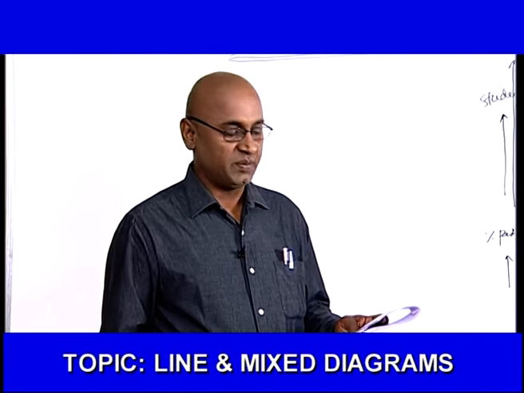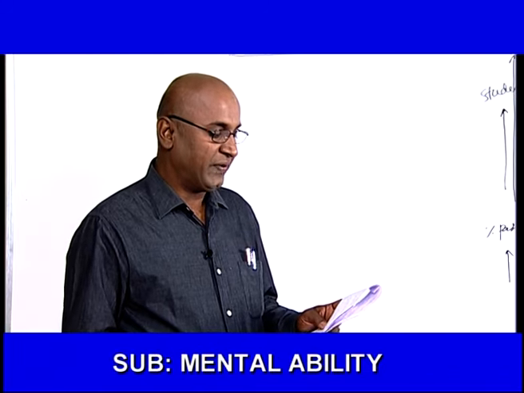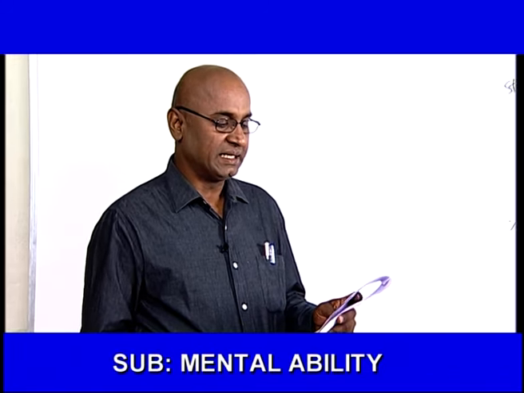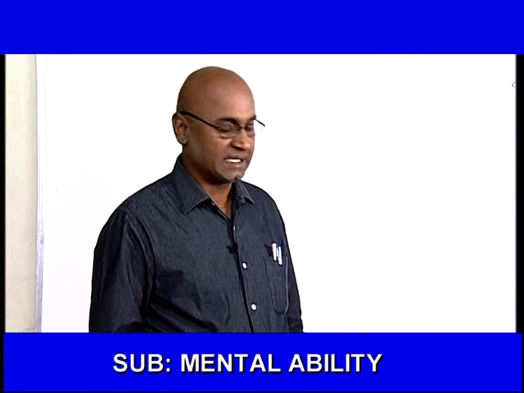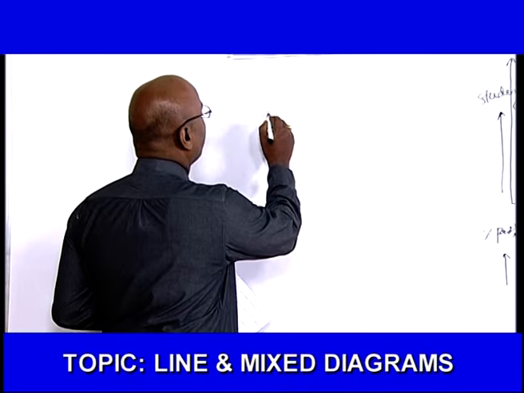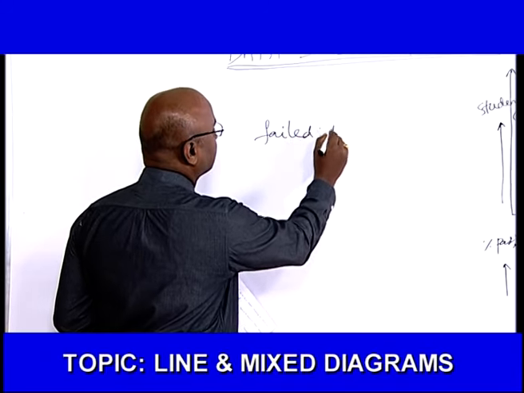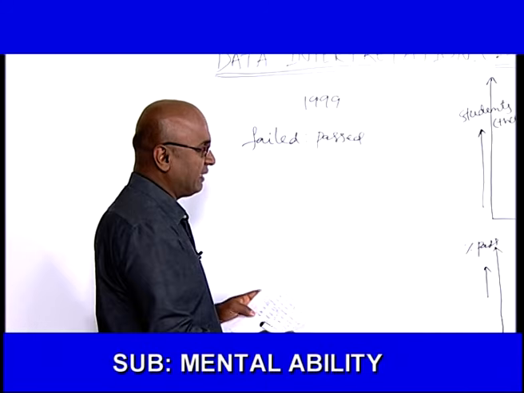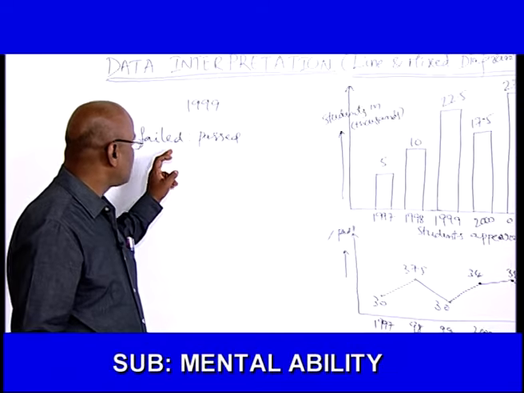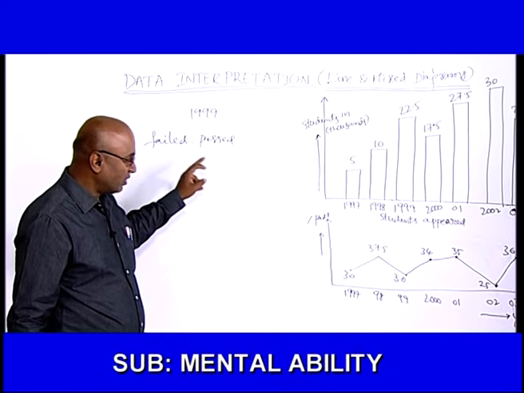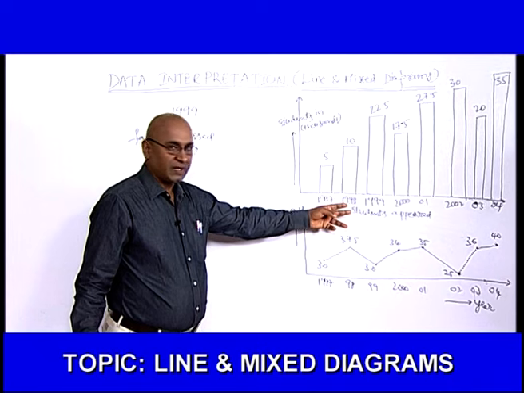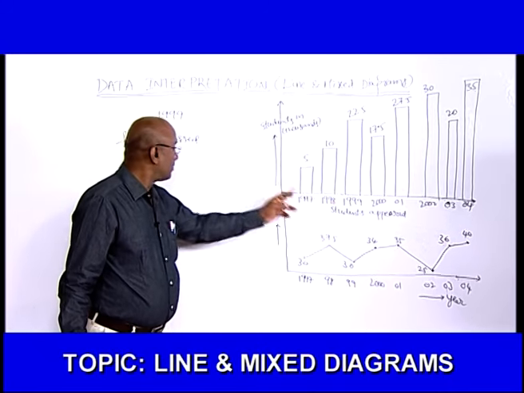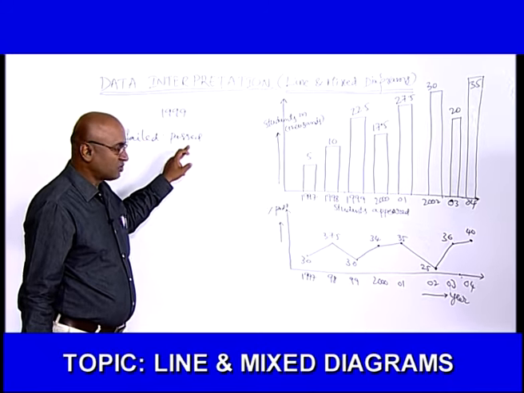Next question in this problem is: the ratio of failed and passed students in 1999 is? The ratio of failed and passed in the year 1999. So in the year 1999, what is the ratio of students failed and passed? Generally people will go for calculating the number of failed students and passed students like that.